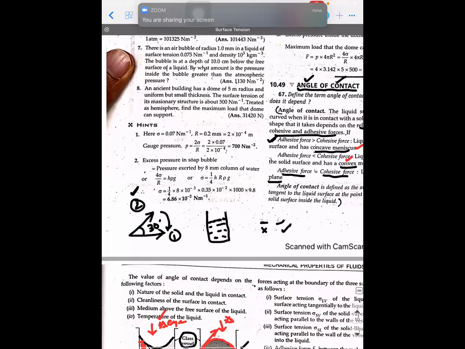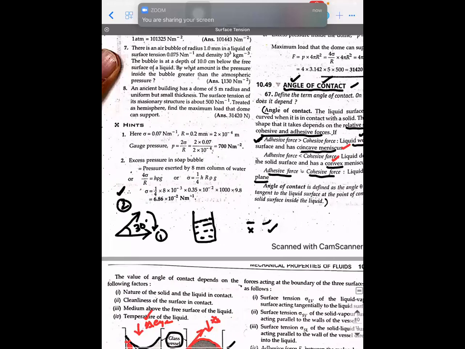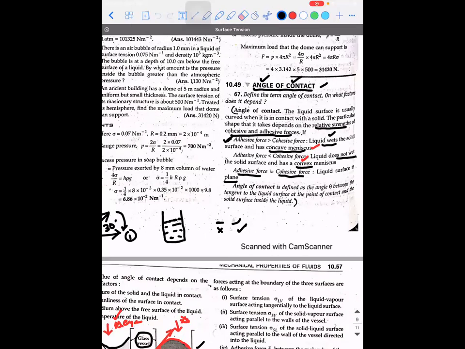So, in yesterday's class, we started with the concept of angle of contact, right? Let's just revise certain basics, then we will go to the next part. So, what does angle of contact mean?